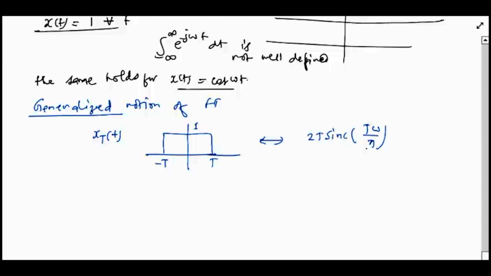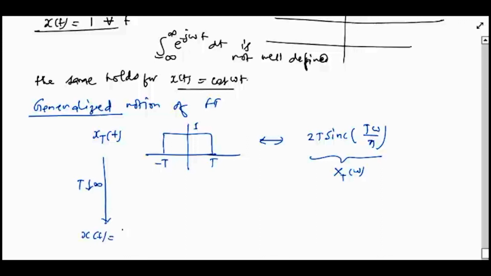Let's call this X_T(omega). I am writing subscript capital T just to show the dependence on capital T. Now as T goes to infinity, this x_T(t) converges to the constant function.